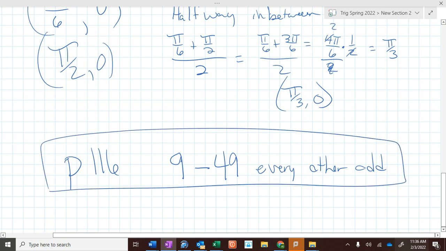So it's number 9, then number 13, then number 17, then 21, 25, and so on. Every other odd. Okay? 9 through 49, every other odd. There you go. Get started, please.